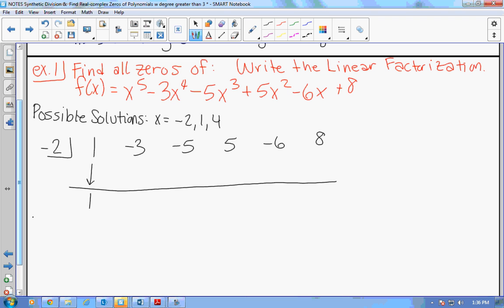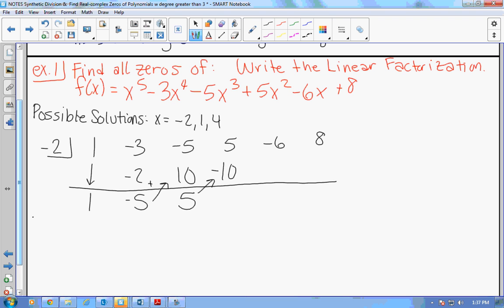Kevin, what do I do now? Good, so I get -2. Add up the columns. I get -5. Multiply by -2. I get 10. Add up the column. I get +5. Multiply by -2. -10.